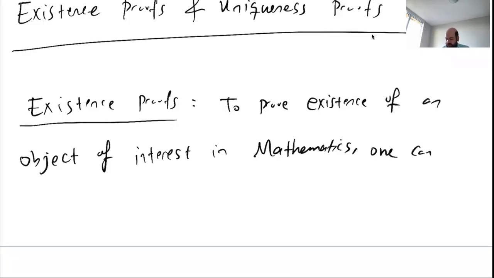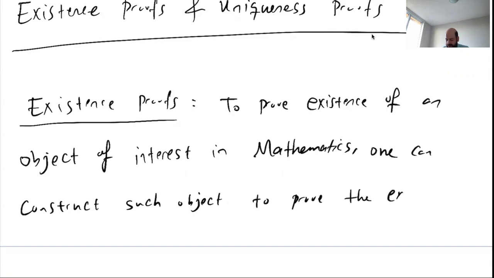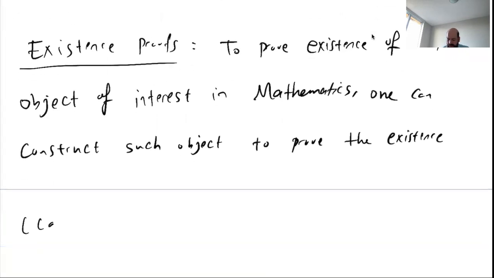One can construct such an object to prove the existence. This is called a constructive proof.